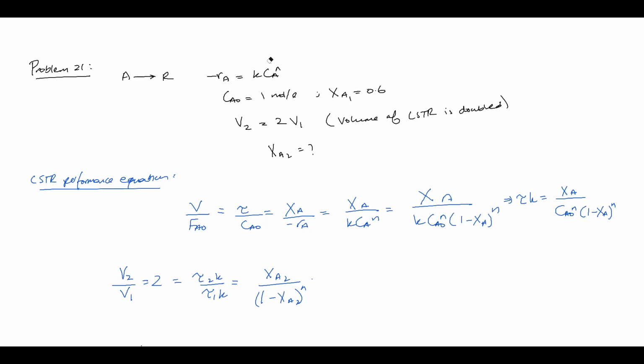So it will be 0.4 to the power N divided by 0.6.